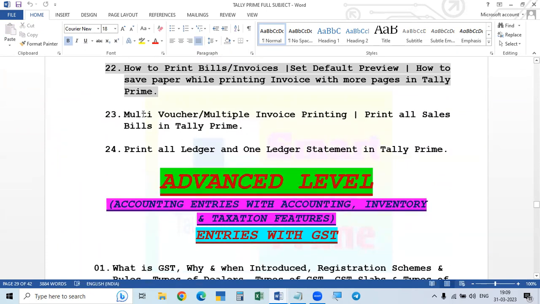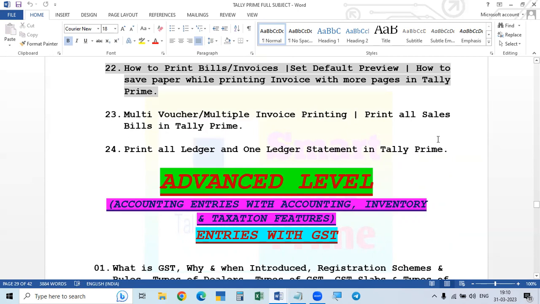Before that, in the middle level there are two topics left out. One is multi voucher or multi invoice printing, that is printing of all the sales bills. Another one is printing all the ledger accounts. Ledgers means debtors and creditors, and some other ledgers also. Print all ledgers or print one ledger statement in Tally Prime.